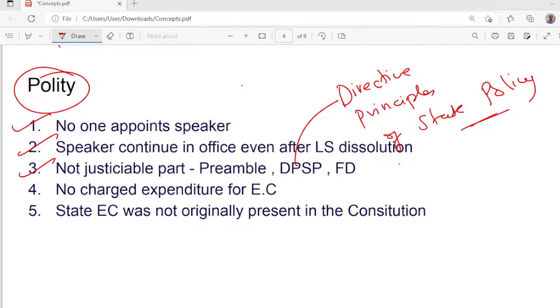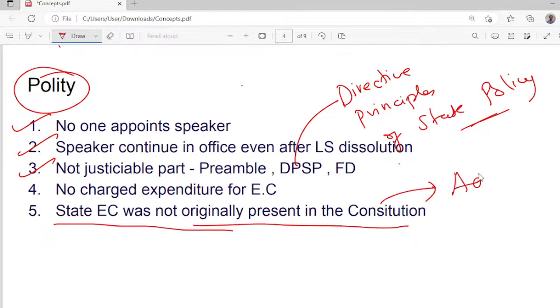Point number 5. The State Election Commission was not originally present in the Constitution. It was added later. We had only the Election Commission of India. We did not have an Election Commission for each state, but now we have one for each state. Who will tell me by which amendment it was added?